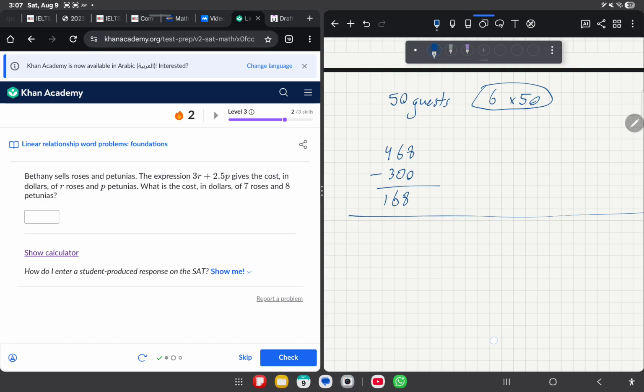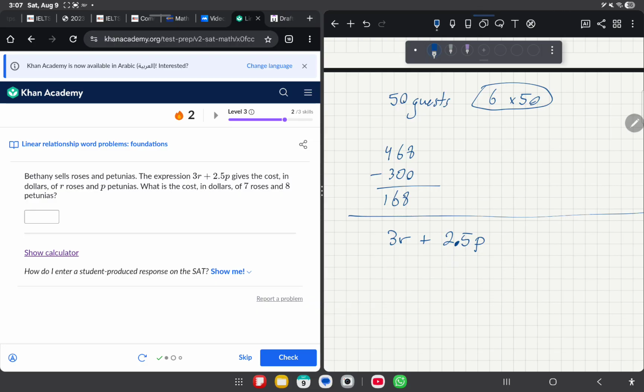Okay, so Bethany sells roses and petunias. The expression 3r plus 2.5p gives the cost. So 3r, roses, p, petunias. Now, what do you think this 3 represents and this 2.5 represents?